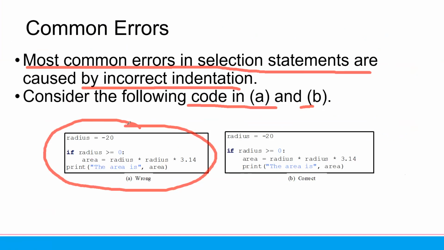Why? Because the print is not indented, and the Python code cannot understand what area is, because area is defined inside the if. Okay, so you can check this one.